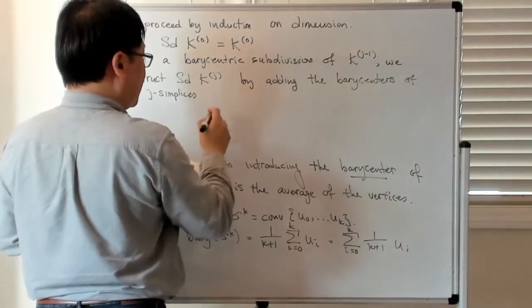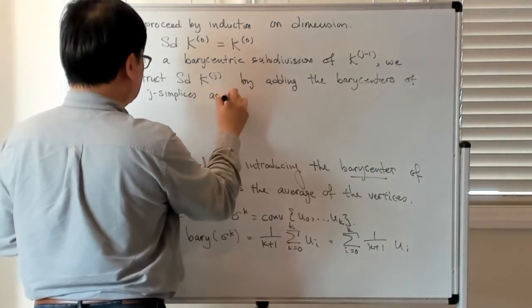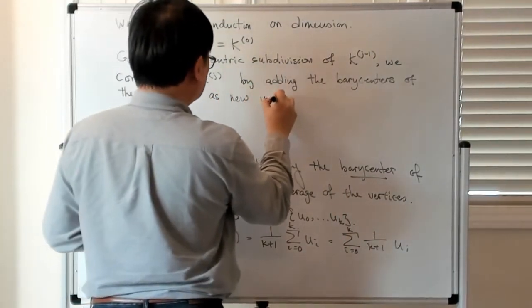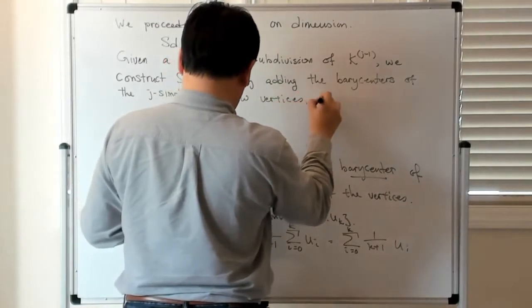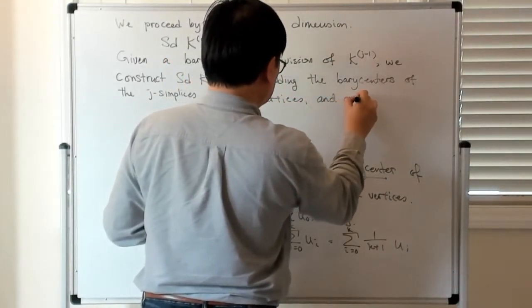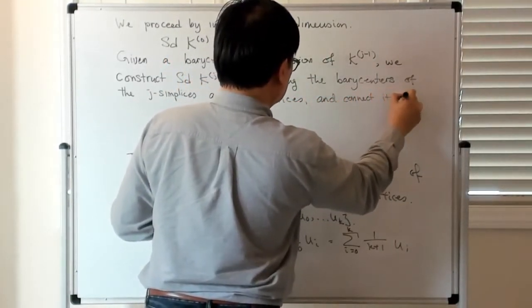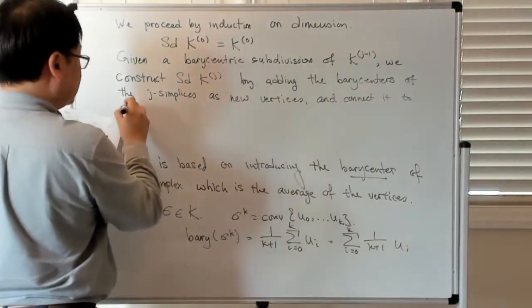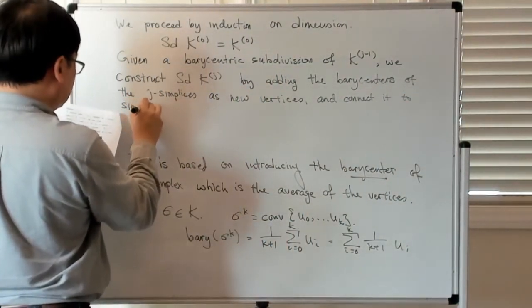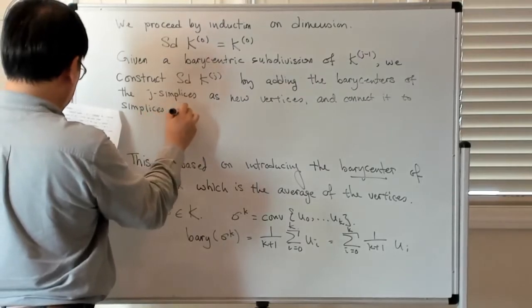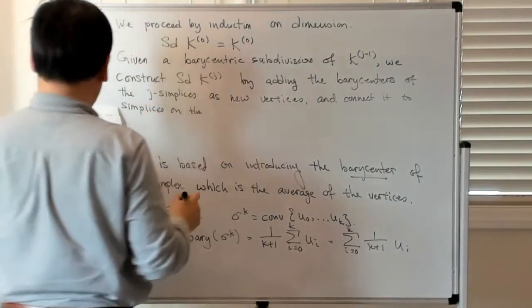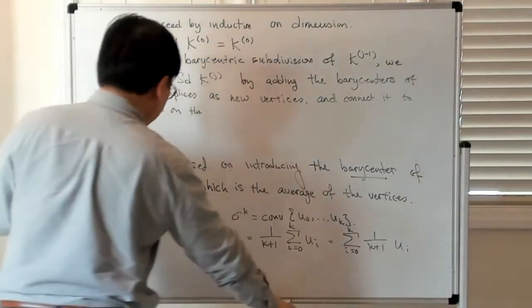So I should say: add the barycenters as new vertices and connect them to simplices on the boundary that subdivide the boundary.